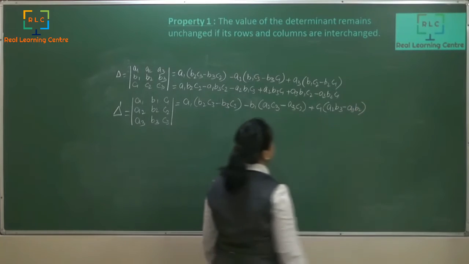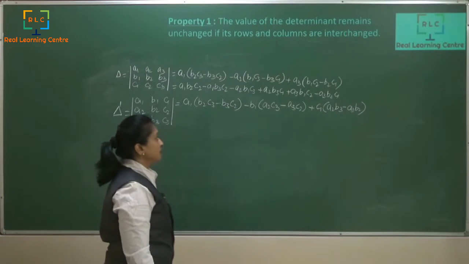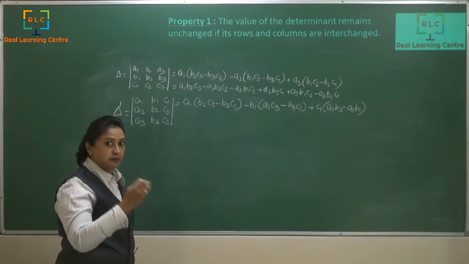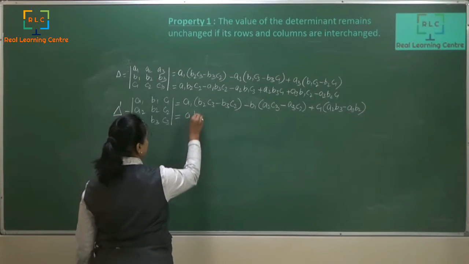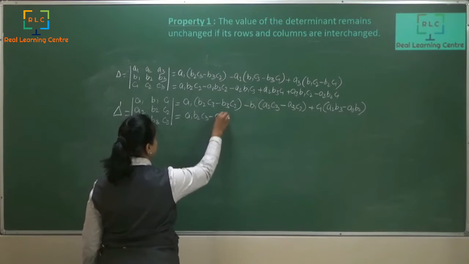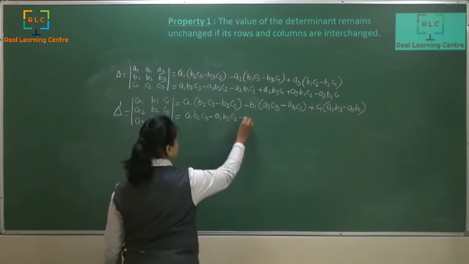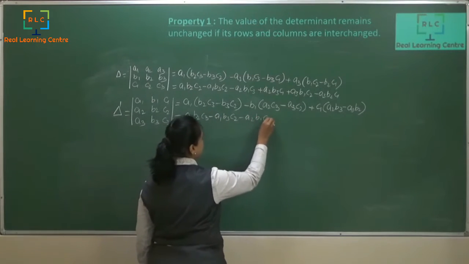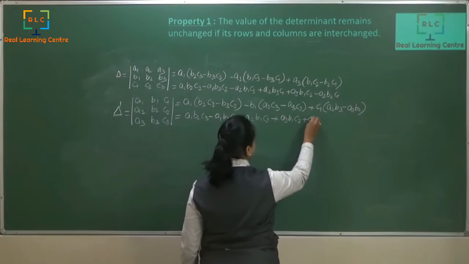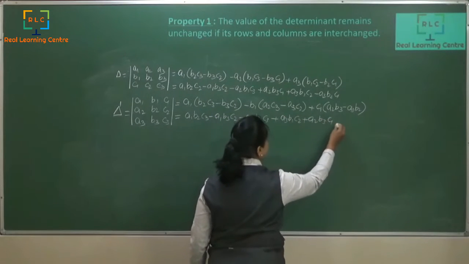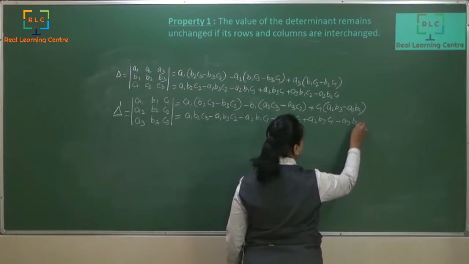Whenever you give some proof like this, always make it a point that you write it in A, B, C order every time. Now I am going to multiply each one of them. A1 B2 C3 minus A1 B3 C2 minus A2 B1 C3 plus A3 B1 C2 plus A2 B3 C1 minus A3 B2 C1.